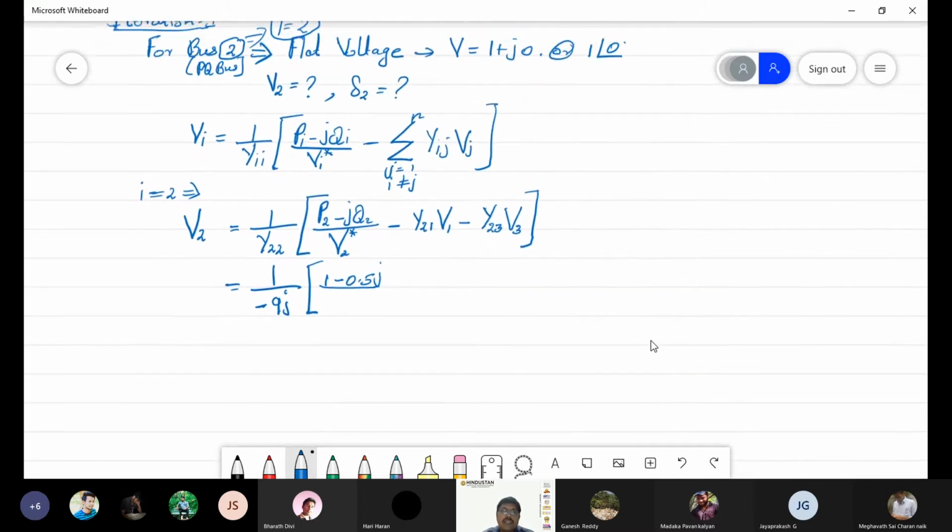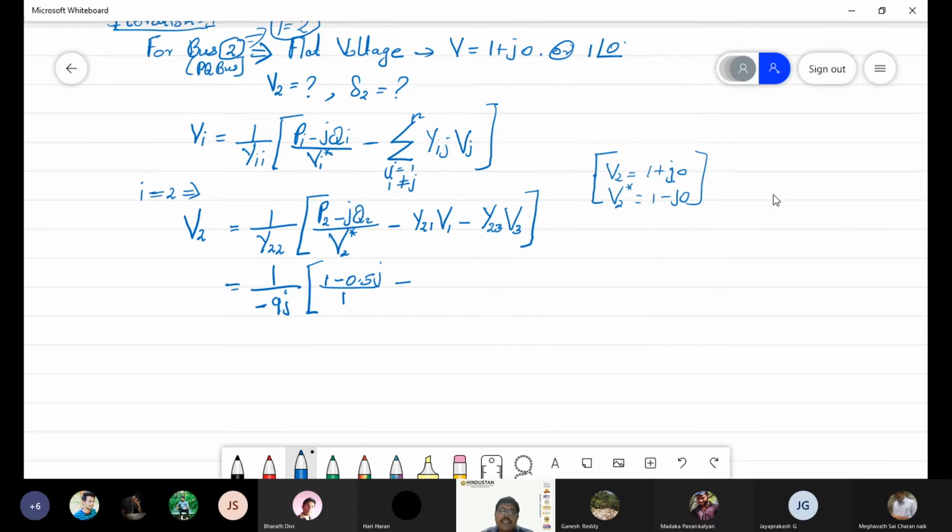So V2 here, if you are assuming the flat voltage, so V2 is equal to 1 plus j0. Therefore, V2 star is equal to 1 minus j0. Anyway, j0 will be gone. Anyway, the value will be 1. Alright, 1 will be coming.